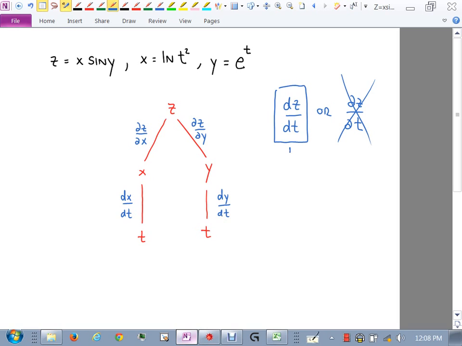So this right here should be equal to the product down the first branch. So partial z with respect to x times dx dt. What do you think I do with the other branch?